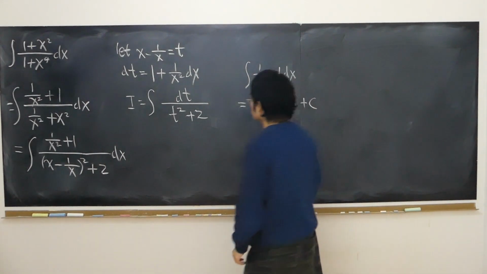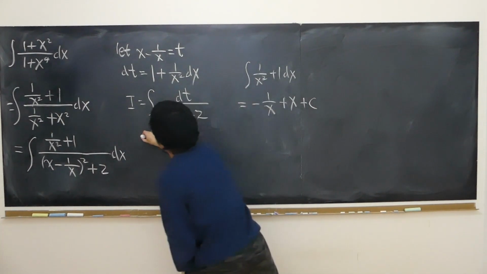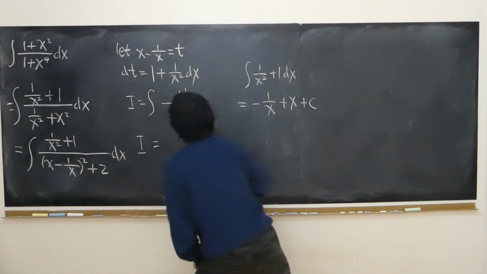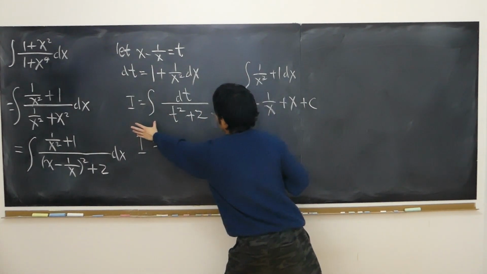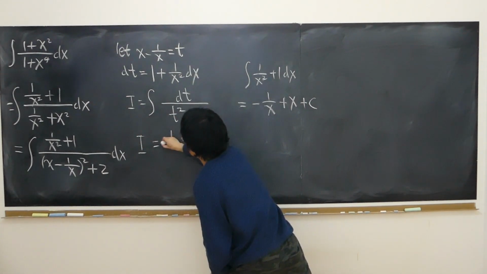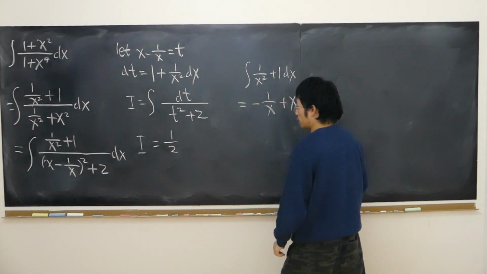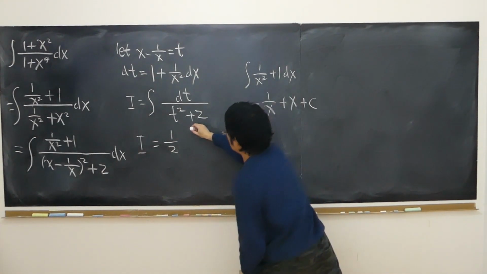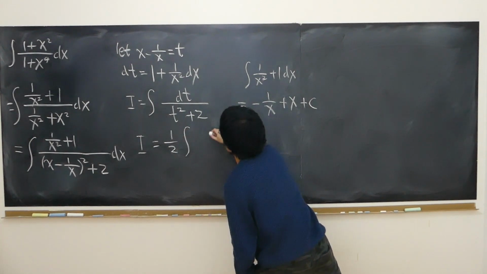So if I factor out 2, then of course 1 over 2 comes out in front of the integral, the coefficient, integral of dt.